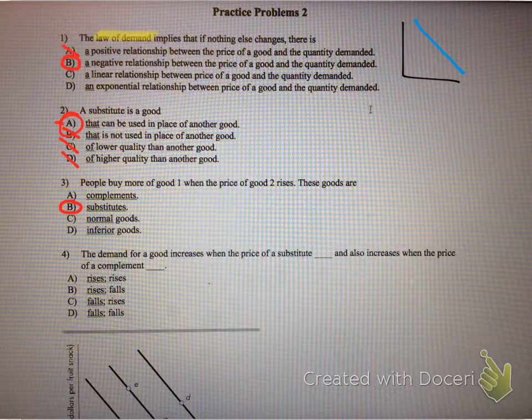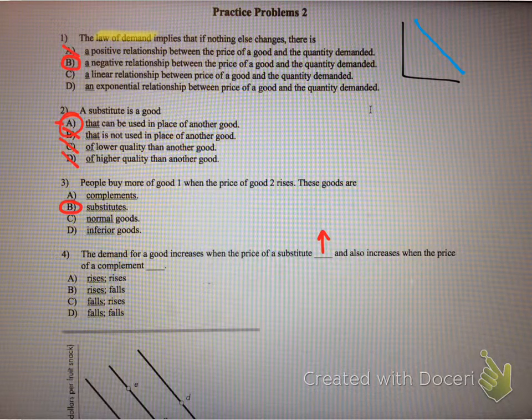The demand for a good increases when the price of the substitute blank, and also increases when the price of the complement blank. Okay, so talking about complementary goods, that's things like peanut butter and jelly, hot dogs and hot dog buns. From number 3, when the price of good 2 rises and people buy more of good 1, that was a substitute, so that means this will also rise.